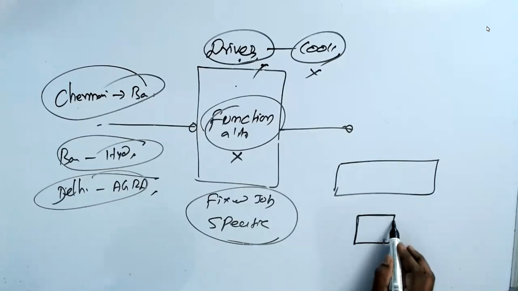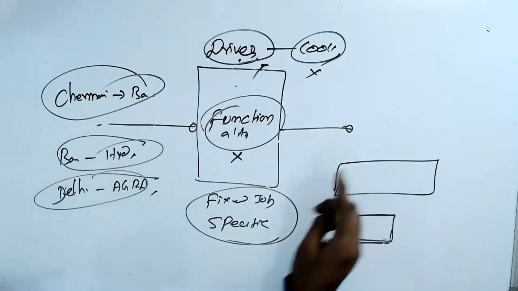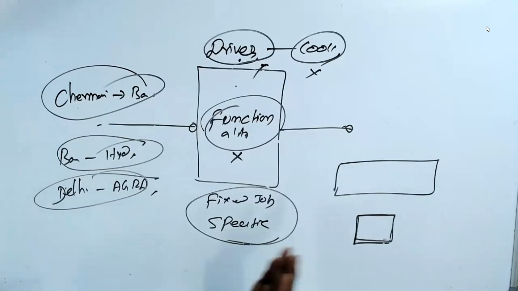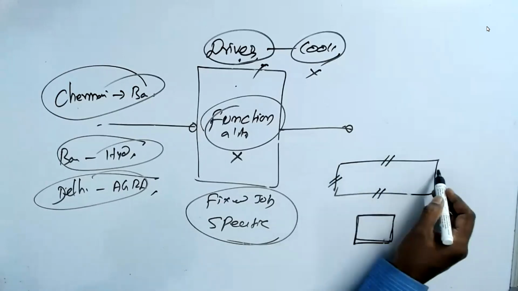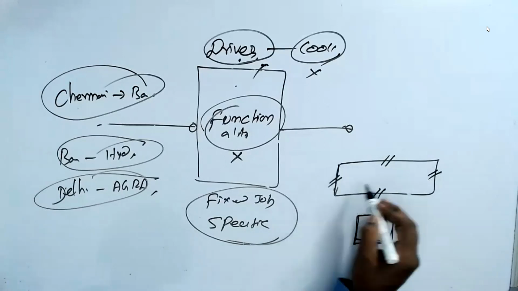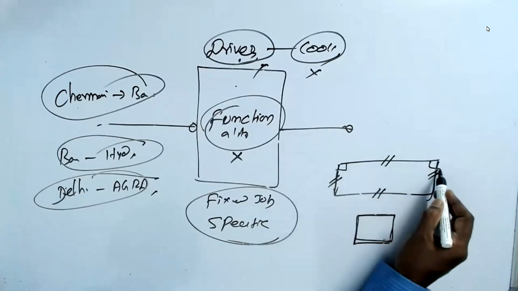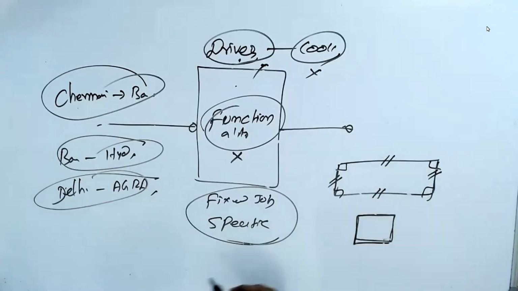Do you agree? But the other is not true. All rectangles are not squares. If you see the definition of a rectangle, opposite sides should be equal and the angles should be perpendicular. Here also the same thing, opposite sides are equal. But the unique thing is all four sides are equal. That is a square. But a square is also a rectangle.